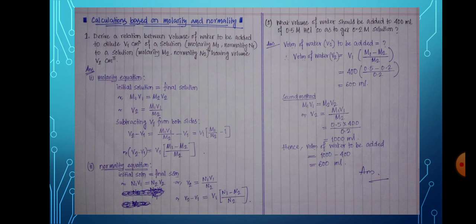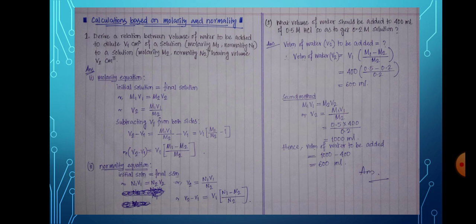Therefore volume of water V2 equals V1 into (M1 minus M2) by M2. After substituting the values, you get the volume of water needed equal to 600 ml. So this is one method by using this formula.